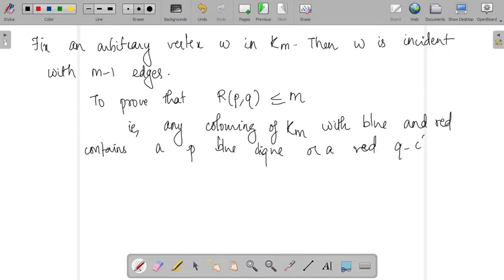So this is what we need to prove. So R of P, Q less than or equal to m means, in any coloring of Km, there will be either a P blue clique or a Q red clique.